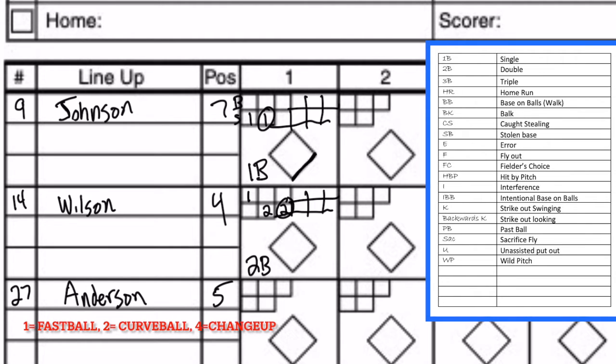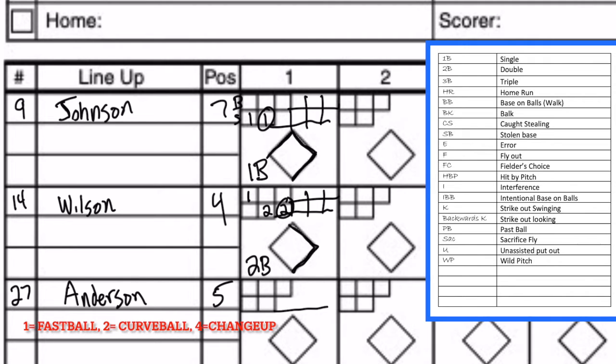We're going to indicate that with 2B and draw 2 lines. Then we go back up to Johnson, and we also have to advance him so we can keep track of where he's at on the base paths. If you look out at the field in this scenario, you'll have a guy on second base and a guy on third base.